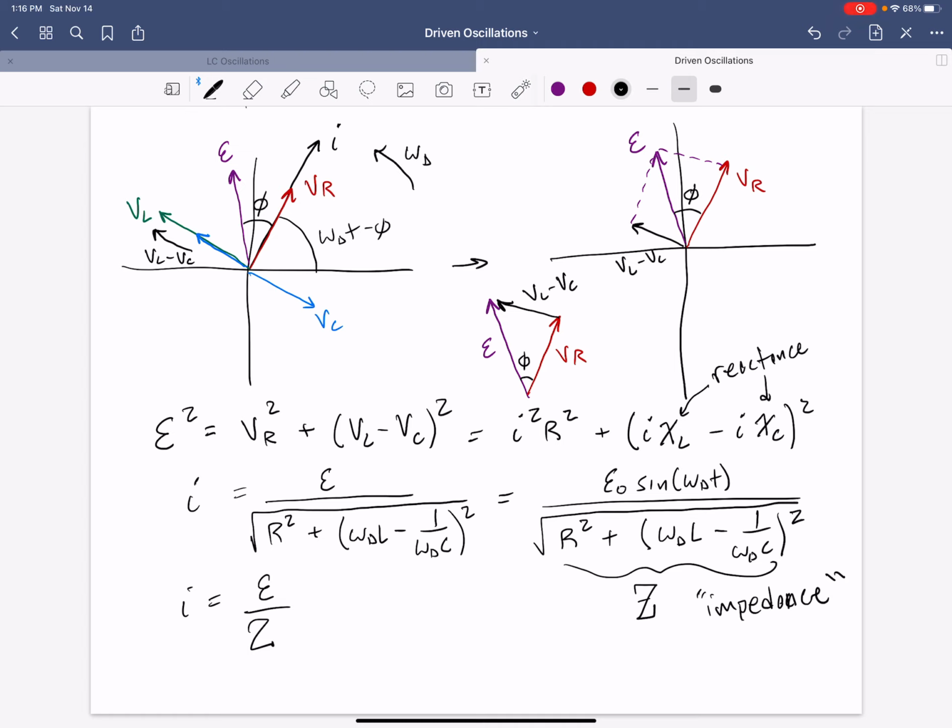If you wanted to find phi, that angle, well, that's easy. It's just the tangent of phi.